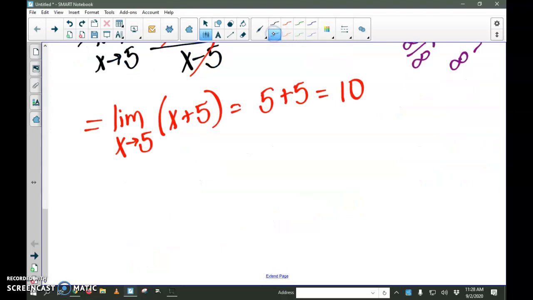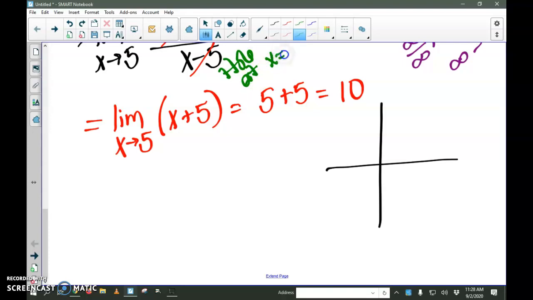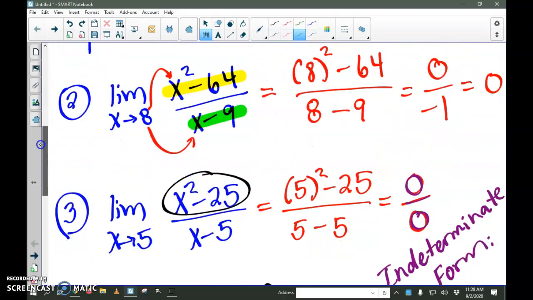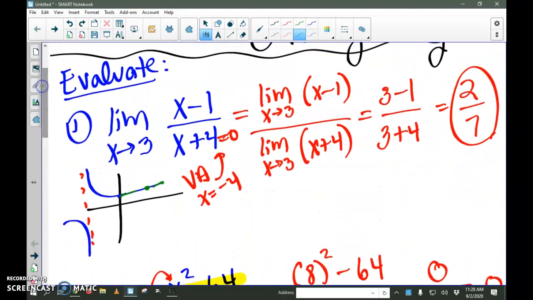So when you divide out a common factor, what is happening is that you have a hole at the value that makes the denominator 0. We said before, up at problem 1, I have a vertical asymptote where the denominator is 0. That's because there was no common expression divided between the numerator and denominator. x plus 4 was not common to both the top and the bottom.